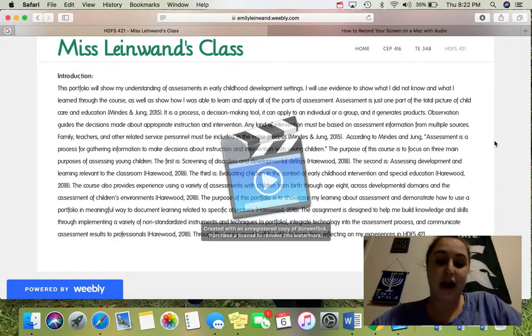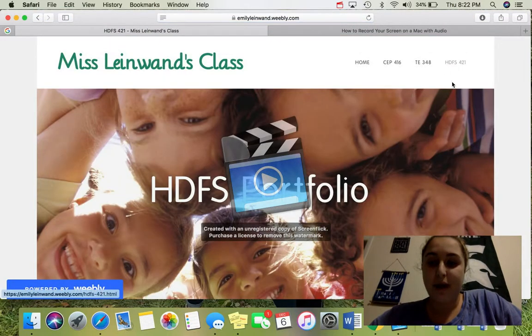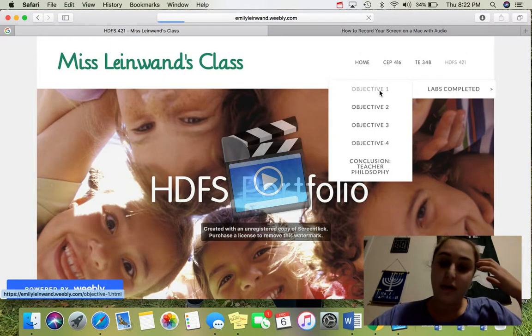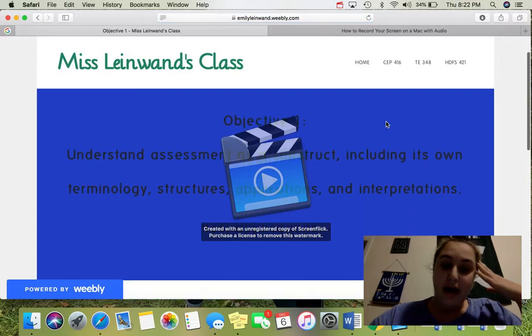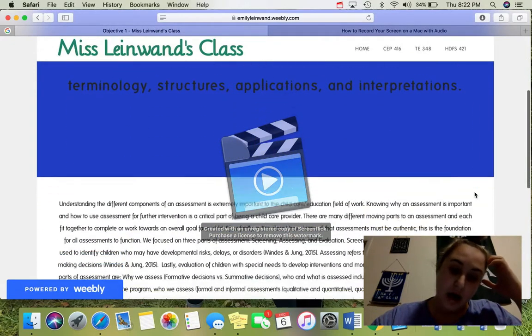And I also learned that assessments don't necessarily mean a long, huge test with multiple questions and specific answers. So for my objective one, which is the one that I'm going to be talking about, it is understand assessments as a construct, including its own terminology, structures, applications, and interpretations.